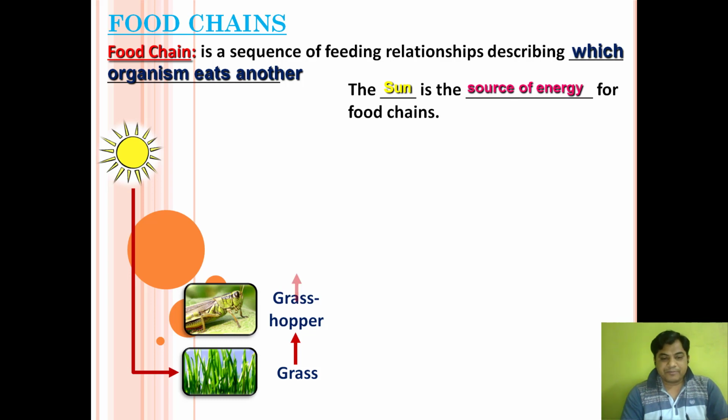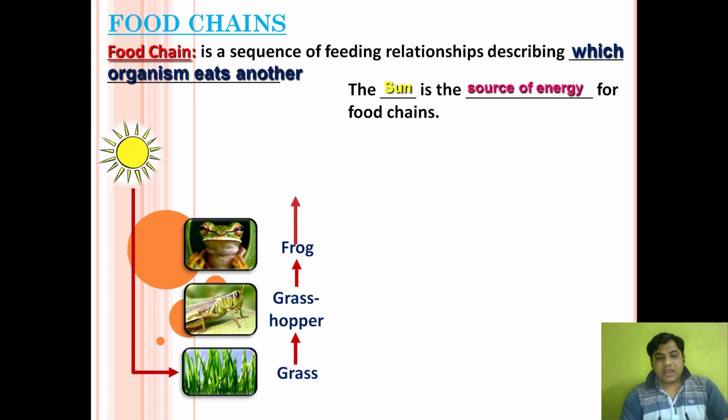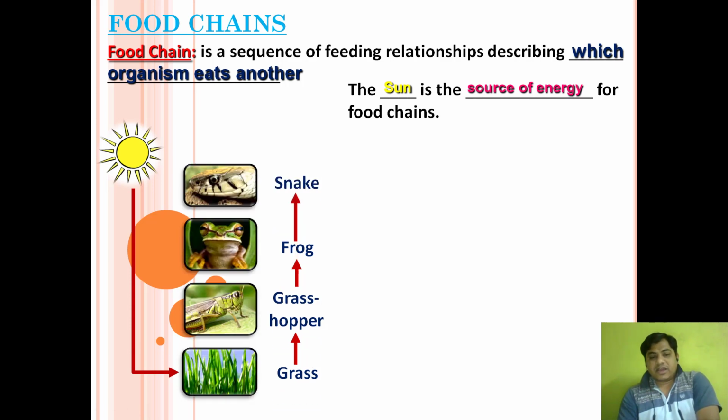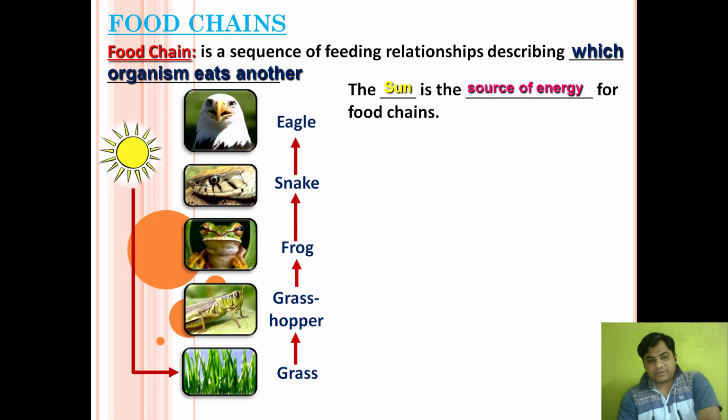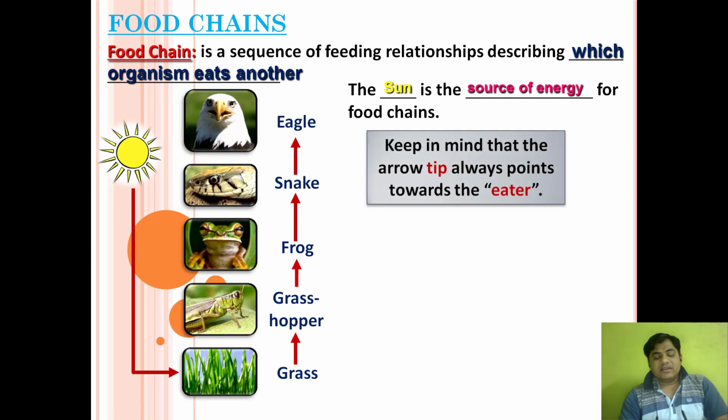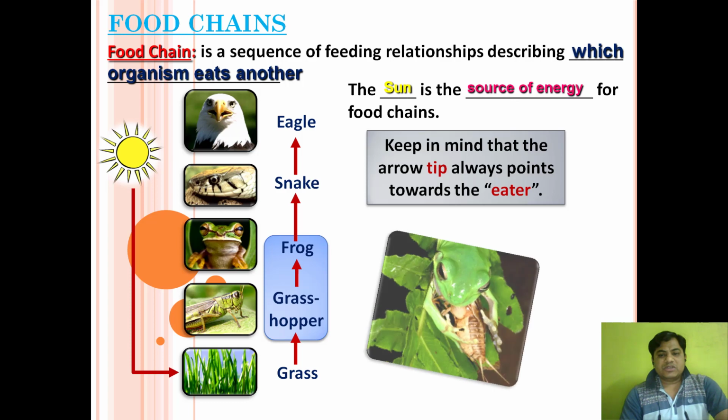Then the grasshopper, the first consumer, comes in the trophic levels: the herbivores, then the carnivores, and again the carnivores and the top carnivore. We can easily say that the arrow always points towards the eater.